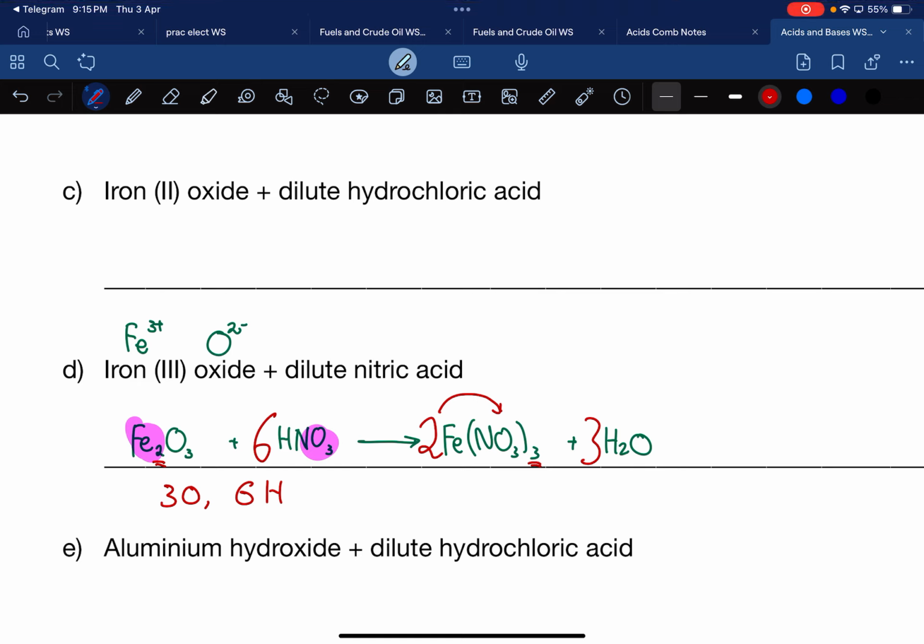1 plus, right? 1 plus 2 minus balance, right? Don't worry about the OH and H first. Focus on the salt. 1 plus 2 minus, what do you do?